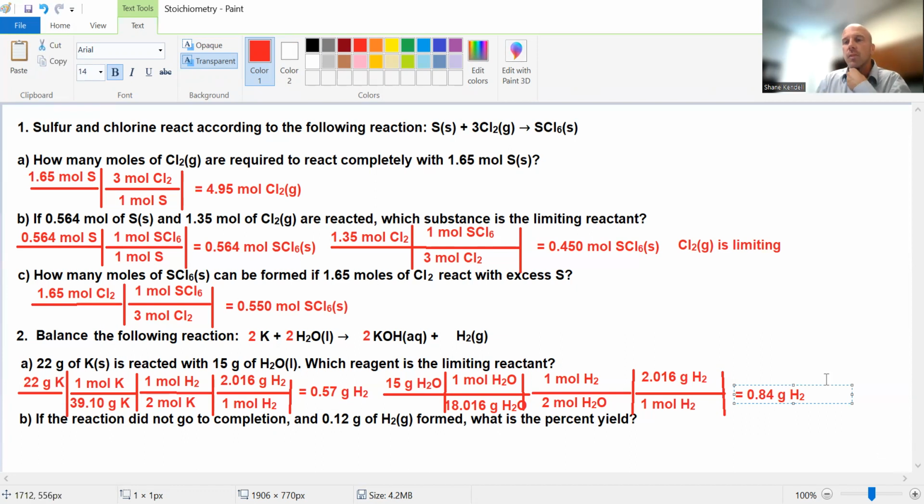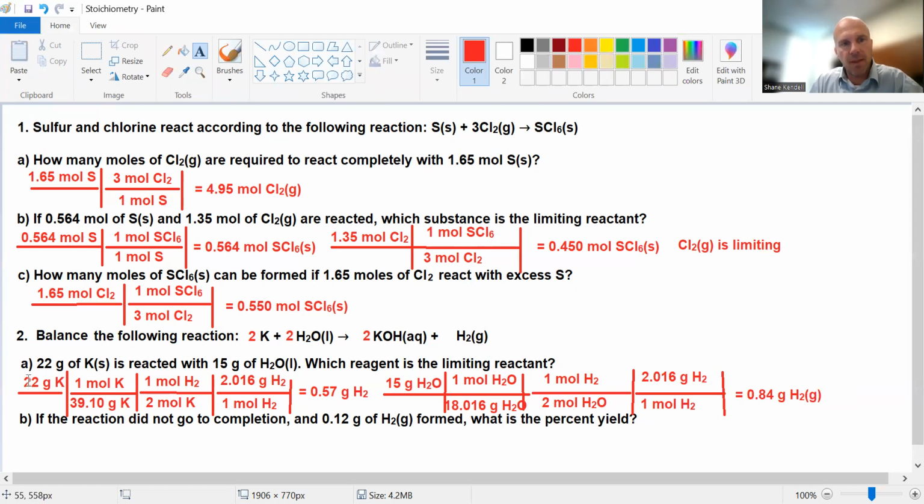Okay. So we can see that the 22 grams of potassium actually produces less H2 gas, which again, is why even though potassium is actually in a larger quantity mass-wise, it's in a smaller quantity moles-wise, which is to be expected.